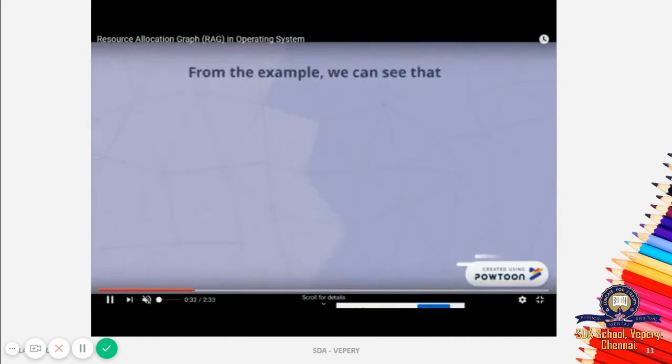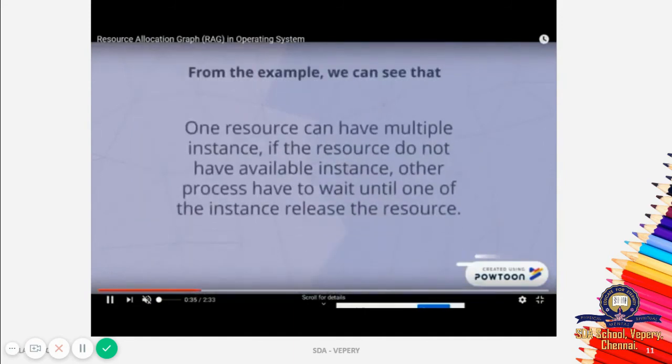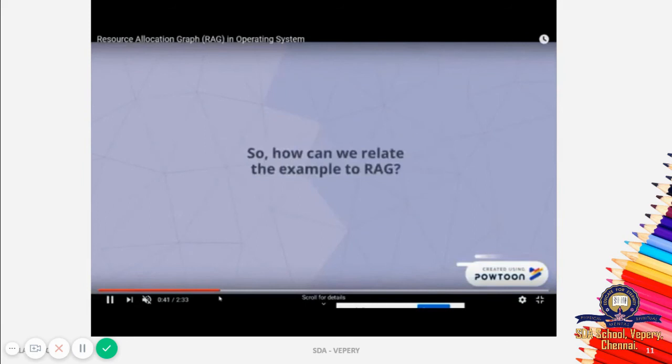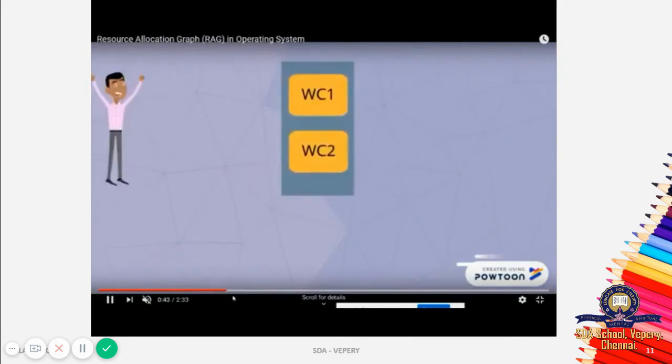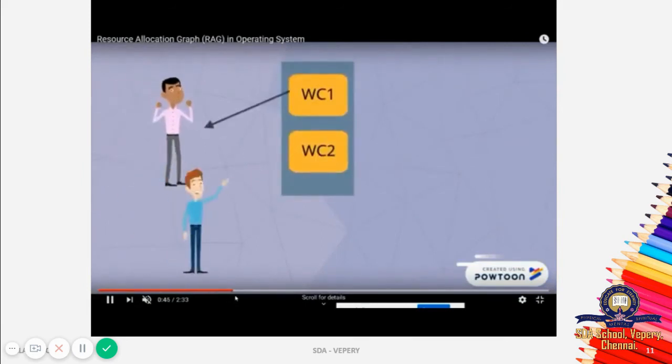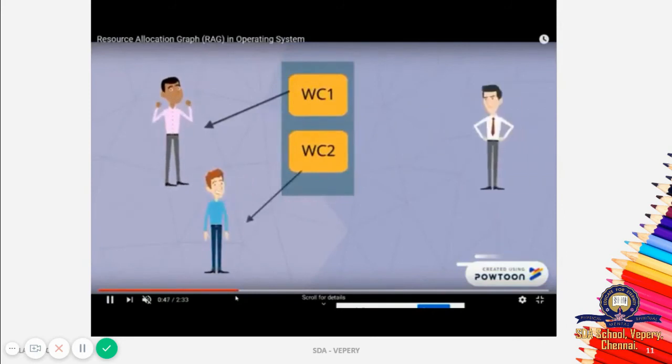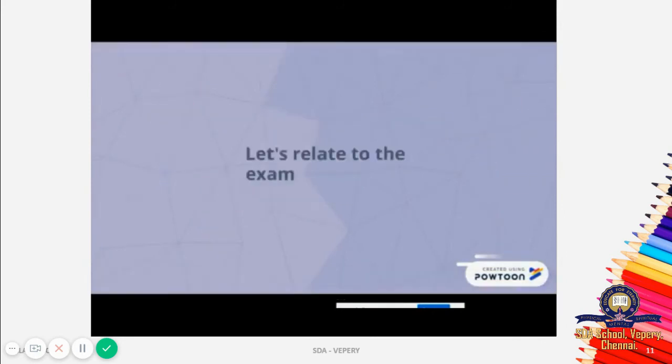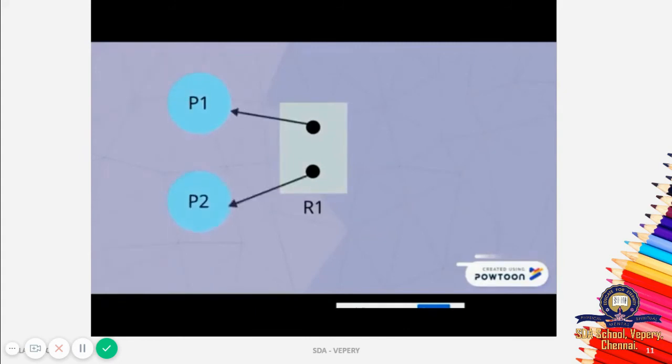Okay. Now let us see, one resource can have multiple instances. If the resource does not have multiple instances, other processes have to wait until the first one is released. Here, process 1, person 1, process 2, person 2, process 3 has to wait. So let's relate it to this process and resources.